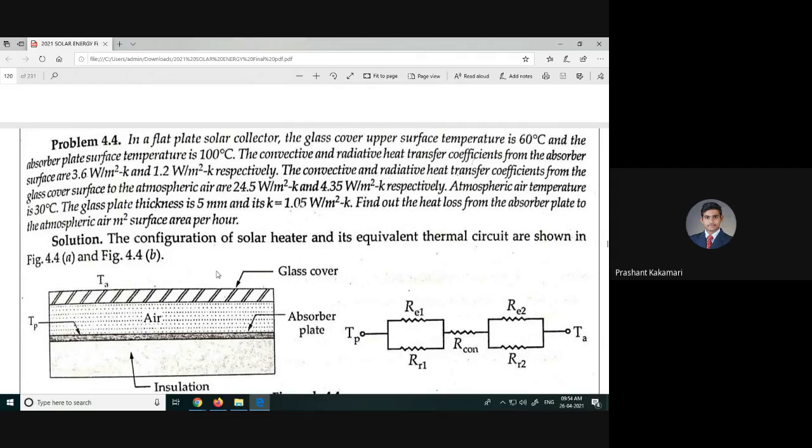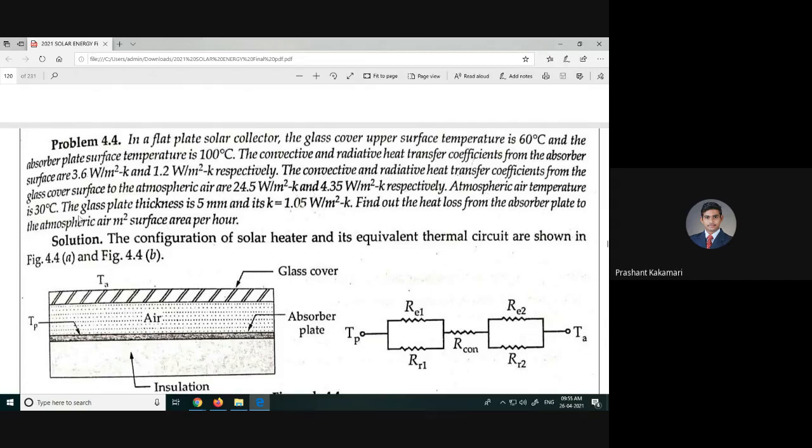And from the glass, the convective heat transfer coefficient is 24.5 watt per meter square Kelvin, and the radiative heat transfer coefficient from the glass is 4.35 watt per meter square Kelvin. So for both absorber plate and glass cover, they have given the heat transfer coefficients by convection and radiation.